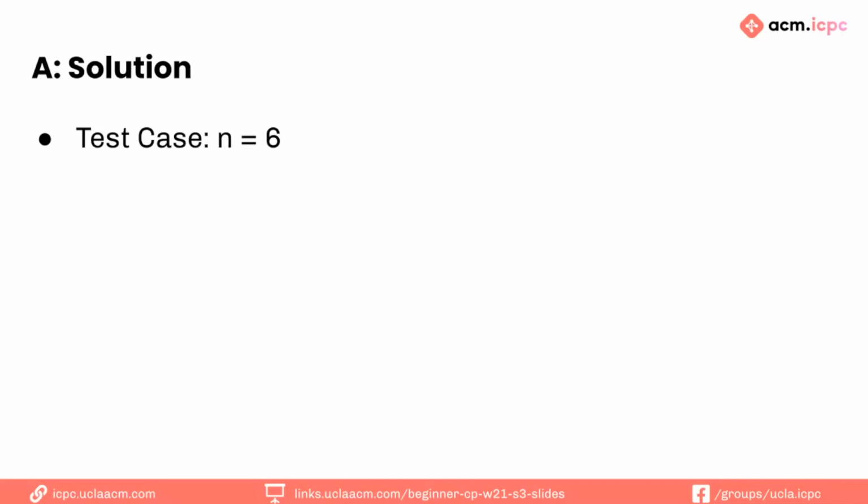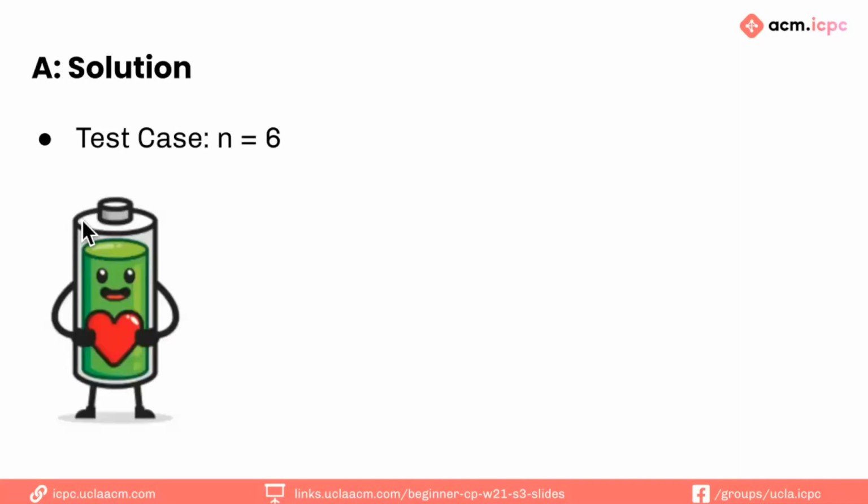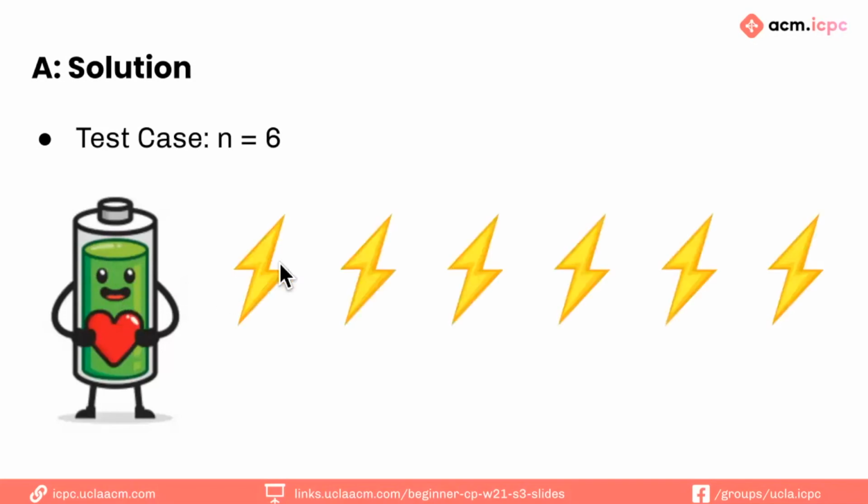To look at what the n equals 6 test case is, you have a battery here, and you know that it can withstand a certain level of current. We're told that n equals 6. So we can number these currents, 1 milliamp, 2 milliamps, and so on up to 6 milliamps.